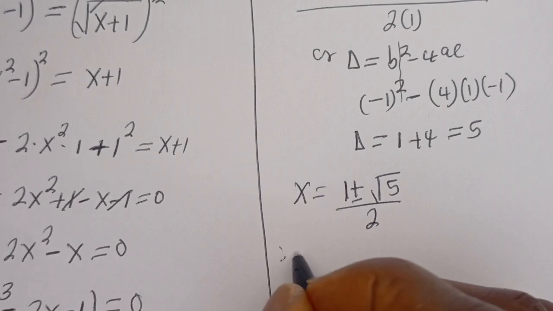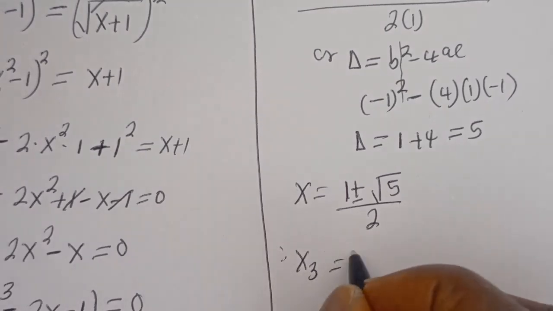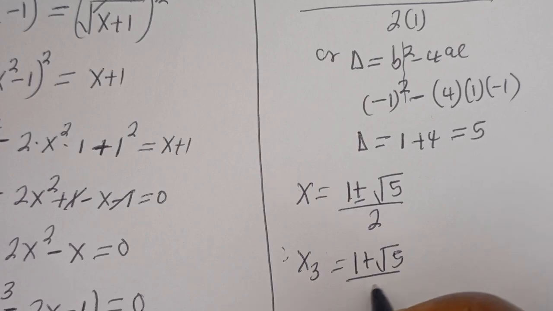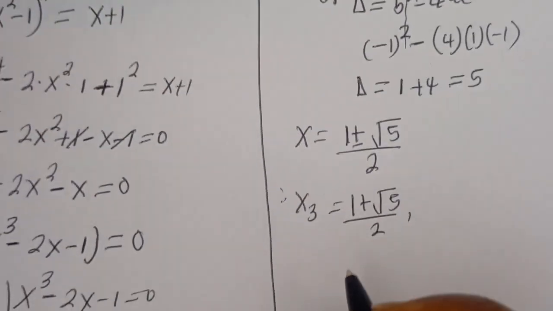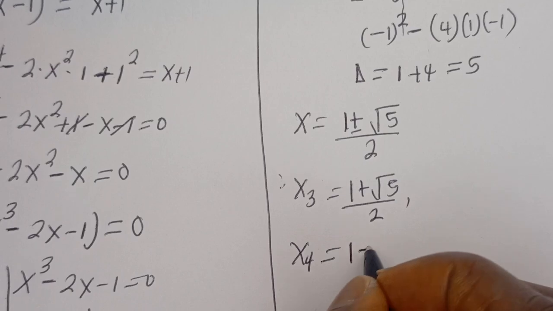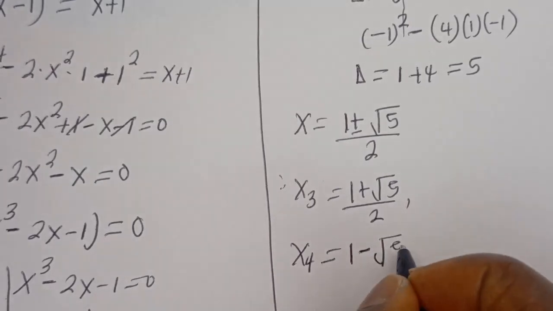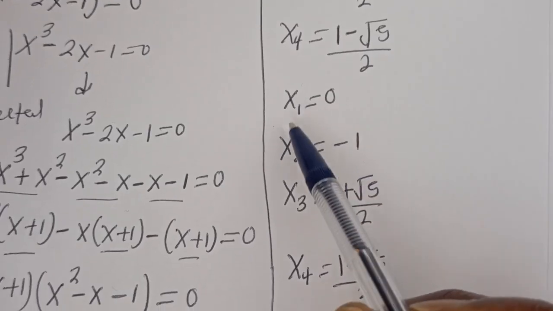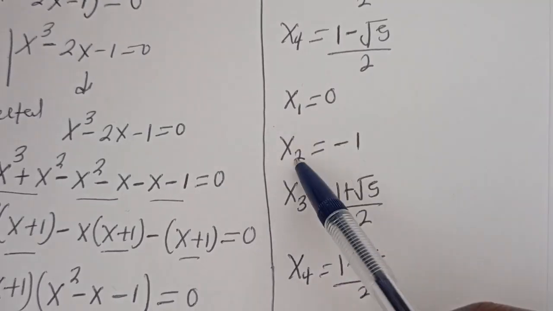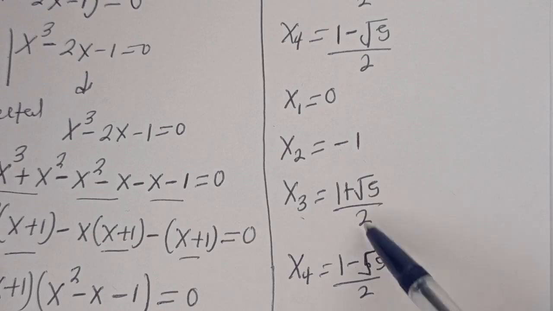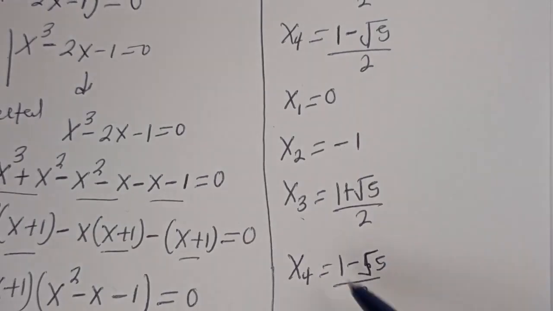Therefore, s3 is equal to 1 plus square root of 5 over 2. And then s4 is equal to 1 minus square root of 5 over 2. Now, therefore, the values of s are s1 is equal to 0, s2 is equal to minus 1, s3 is equal to 1 plus root 5 over 2, and s4 is equal to 1 minus root 5 over 2.